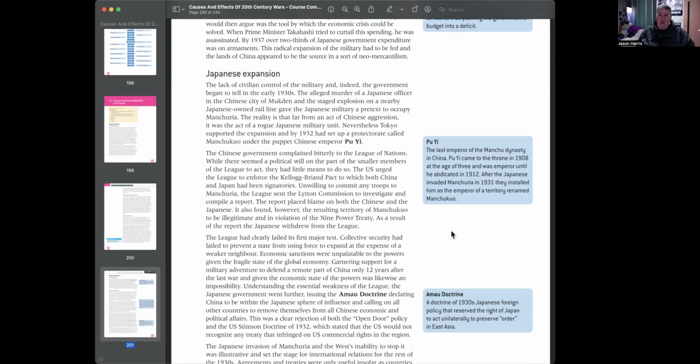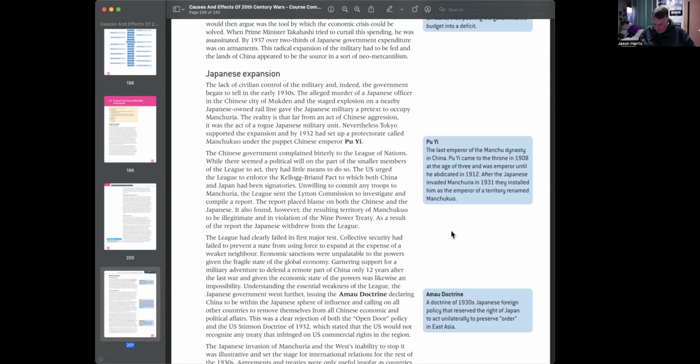Even after the Lytton Commission finds that the Japanese are at fault, that they in fact staged the Mukden incident, and that they should withdraw from China, Japan just says, no, we don't agree with you, and we're going to leave the League of Nations.